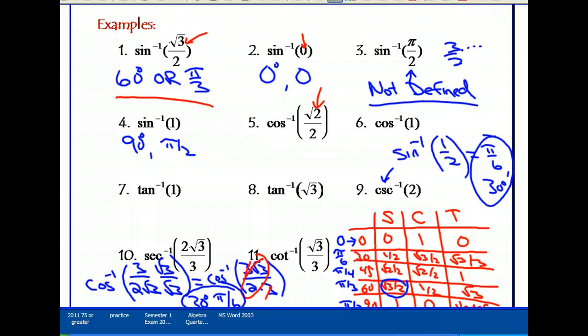Because isn't the sine also positive in 120 degrees? Haven't we just finished doing the law of sines? When you take the sine inverse, you can get 2 answers. And so to make these functions, we have to stick with one answer. And so what happened is, when possible, we stick with the first quadrant answer.